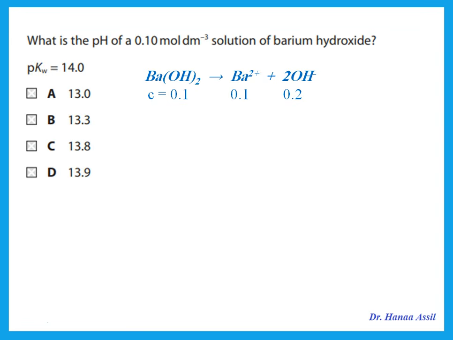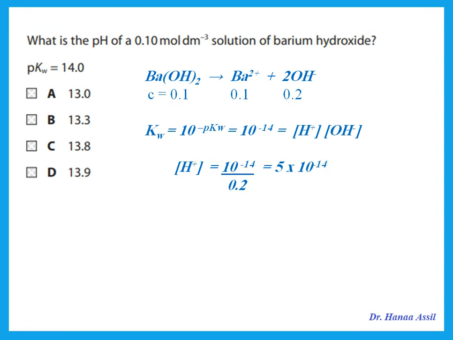Now, the pKw I can use to get Kw. Kw is 10 to the minus pKw, 10 to the minus 14. That is concentration of H plus ions times concentration of hydroxide. So I can use that to get the concentration of H plus ions, which would be 10 to the minus 14 over concentration of hydroxide, which is 0.2.